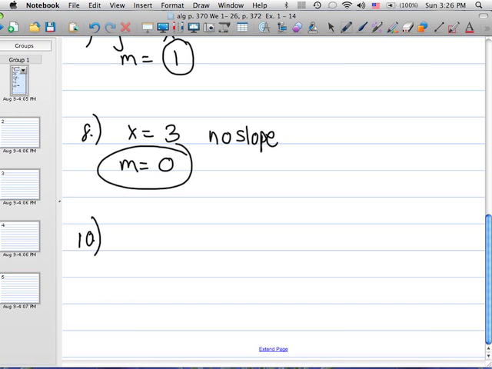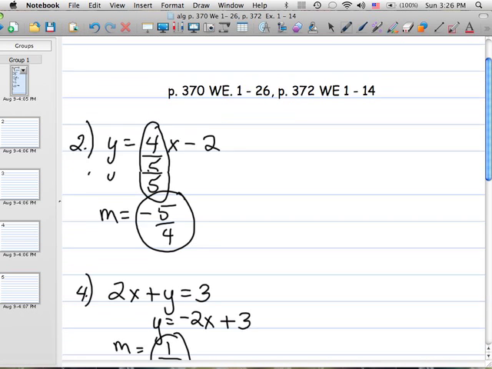Problems 10 through 15, you're to tell whether the graph of each equation is parallel, perpendicular, or neither. And I think I've got these mixed up here.